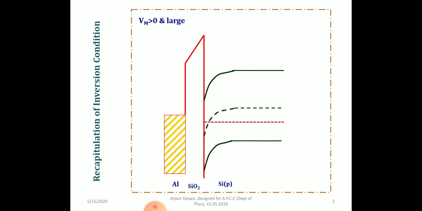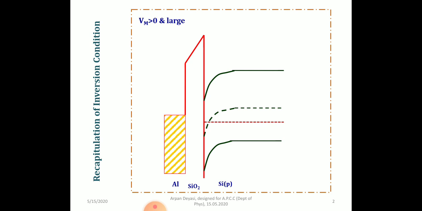That region will be slightly less p-type because of the accumulation of minority carriers. Now you know that if it is slightly less p, then the gap between the extrinsic Fermi level and the conduction band reduces compared to the case of a normal p-type semiconductor.